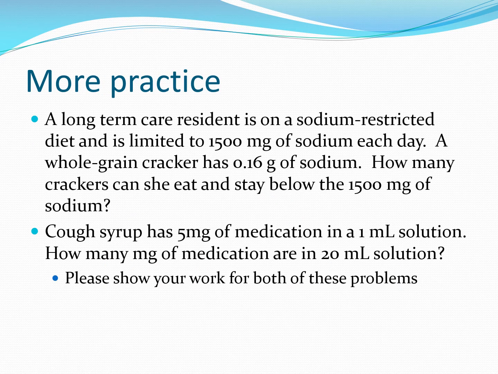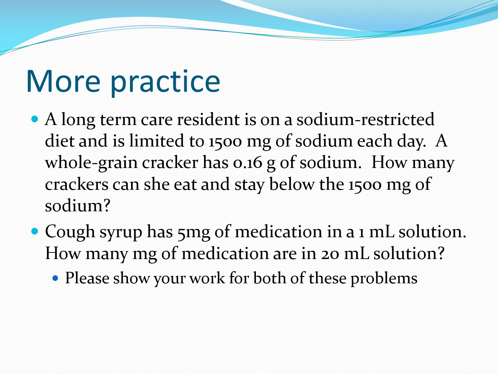All right, so here is an example of how we could apply this. I'll leave this paper out so I remember to change those units. You have a resident on a sodium restricted diet who is limited to 1,500 milligrams of sodium each day. A whole grain cracker has 0.16 grams of sodium.